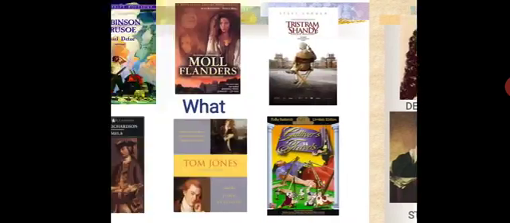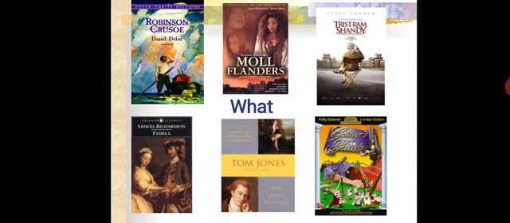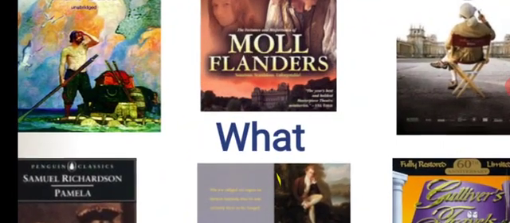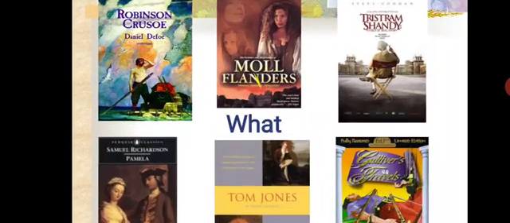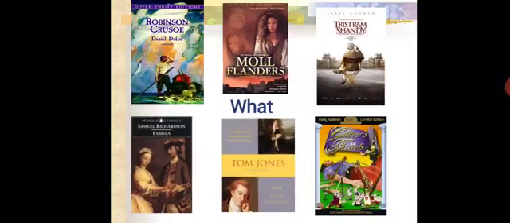See the next, Robinson Crusoe by Daniel Defoe, Moll Flanders, Tristram Shandy, Gulliver's Travels, Tom Jones, Samuel Richardson's Pamela, and Henry Fielding's works. This is the novel Moll Flanders, which is also known as the first English novel.